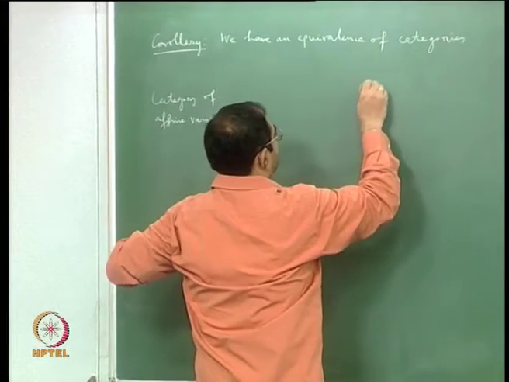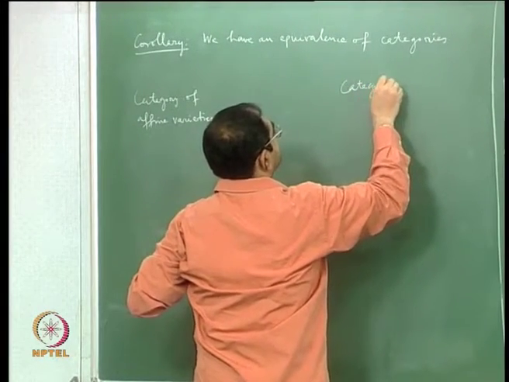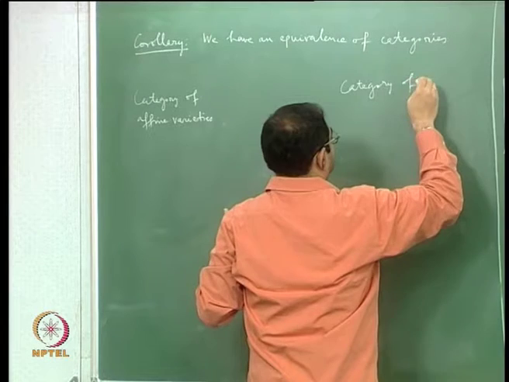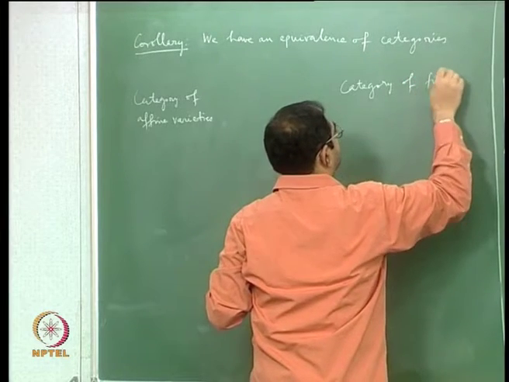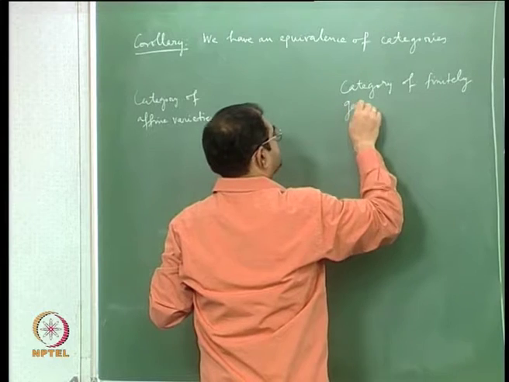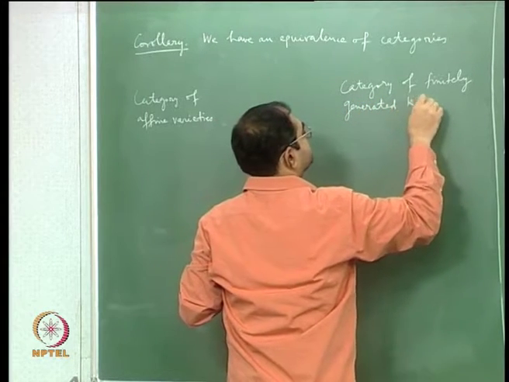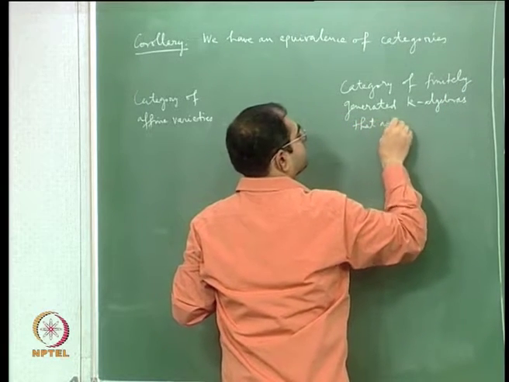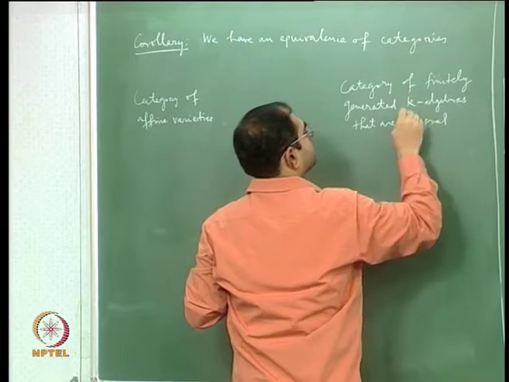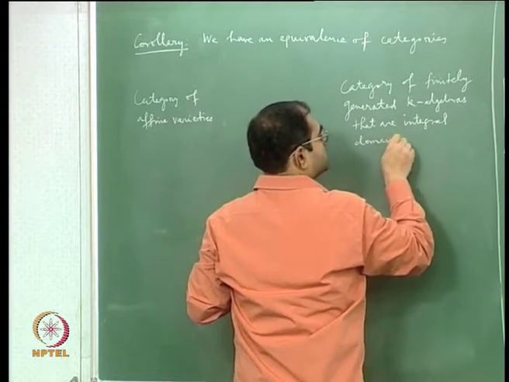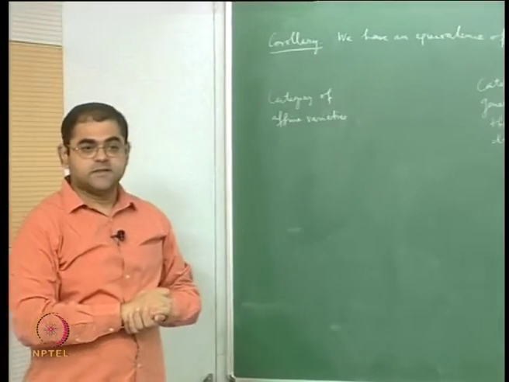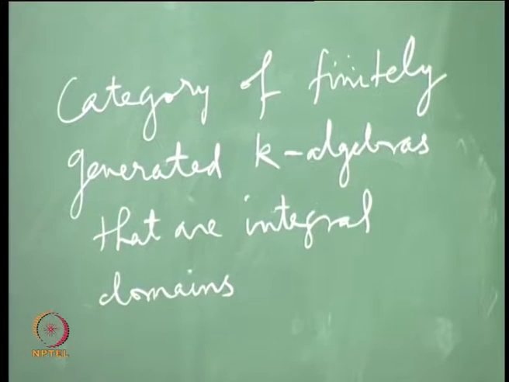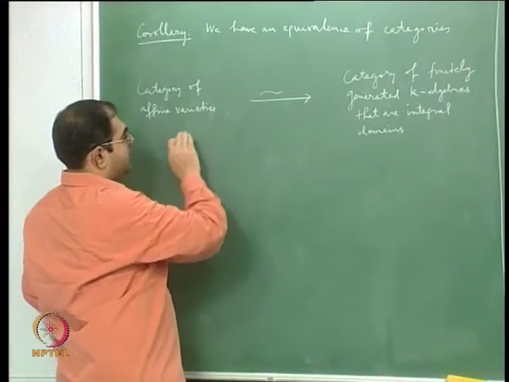On this side we have the category of affine coordinate rings over K, which should be defined as the category of finitely generated K-algebras that are integral domains, and of course the morphisms there are K-algebra homomorphisms.